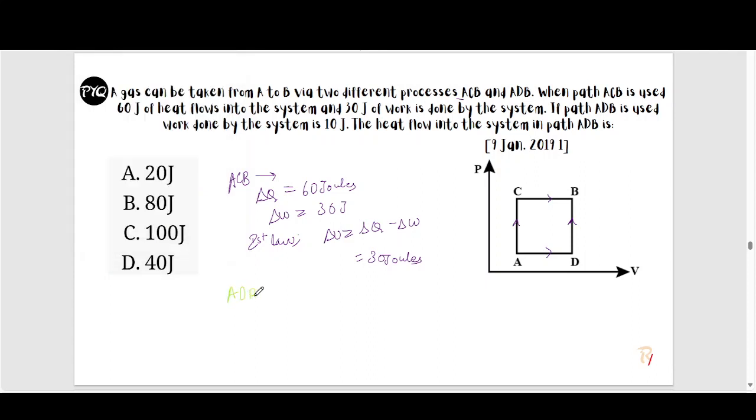Now the path ADB. Path ACB and path ADB form a cyclic process. If ADB is used, the work done is 10 joules. Del W gives me 10 joules, and it is done by the system.